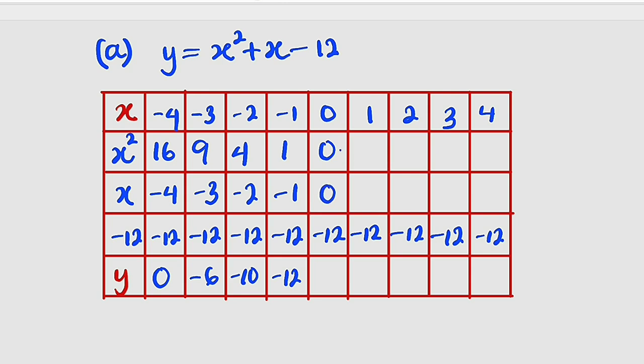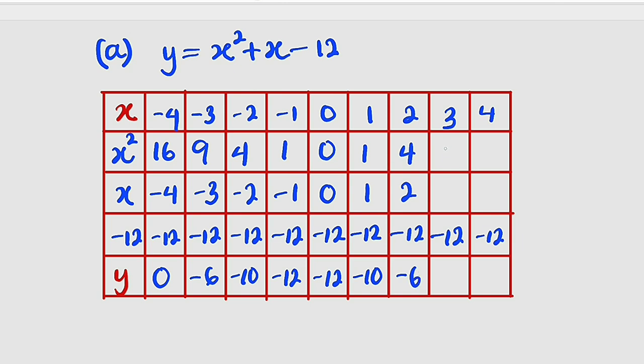This is also 0. 0 plus 0 is 0, minus 12 is -12. Then when x is 1, 1 squared is 1. This is 1. 1 plus 1 is 2, and 2 minus 12 is -10. When x is 2, 2 squared is 4. Then this is 2. 2 plus 4 is 6, and 6 minus 12 is -6.